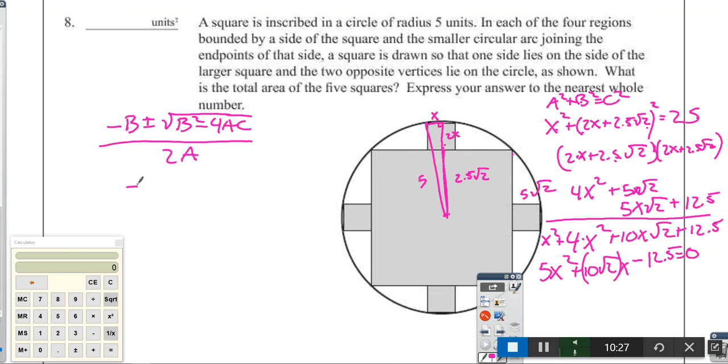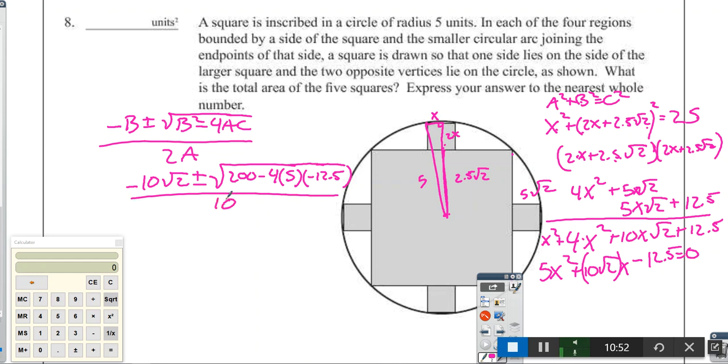Negative b, so we have negative 10 root 2 plus or minus the square root of b squared. So 10 root 2 squared is 100 times 2, so that's 200, minus 4 times 5 times c, which is negative 12.5, all over 2a. So that is 2 times 5, which is 10.